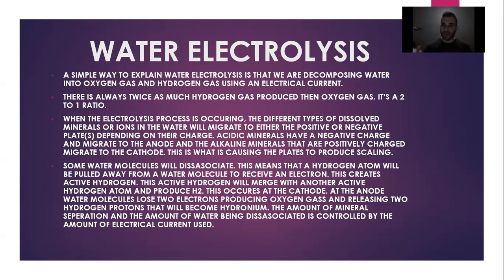As an example, if I'm making pH 9 water, there's a certain specific amount of current coming out of the plates, out of the power supply. When I go to 9.5, I'm going to be putting a little bit more current coming out of the power supply.